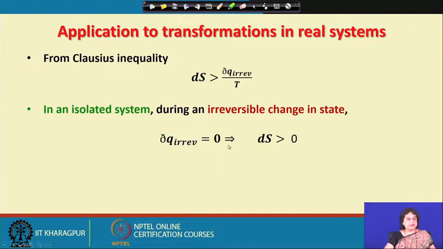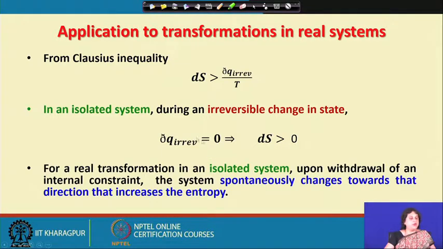And this means that if the system undergoes a change in state under isolated condition, then dS must be greater than 0. So, for a real transformation in an isolated system, upon withdrawal of an internal constraint, the system spontaneously changes towards that direction that increases entropy.